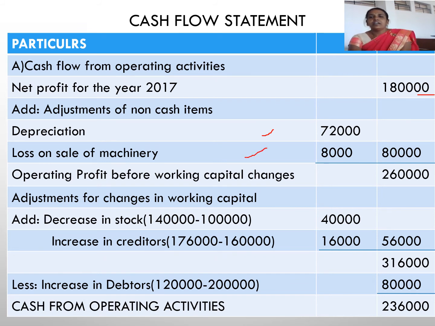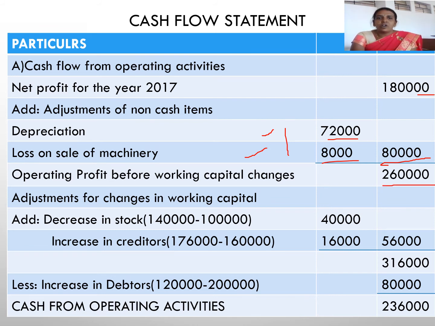It means that cash will not flow out of the business organization by these two transactions. So you have to add these back to the net profit, that is rupees 72,000 and rupees 8,000 on a loss on sale of machinery. The total is 80,000, and the resultant figure is the operating profit before working capital changes, that is rupees 2,60,000.